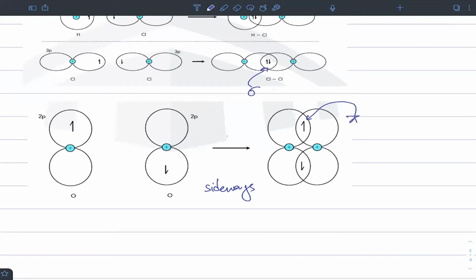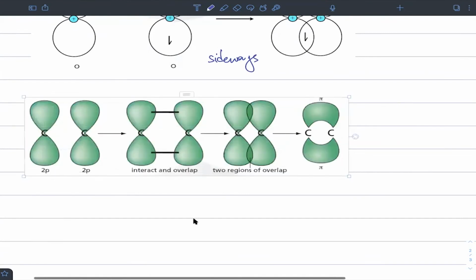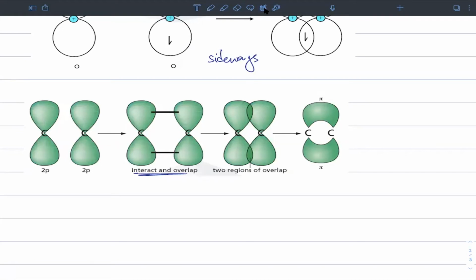So basically, here's how it happens. So if I were to take the example of carbon from your book, then this is the diagram from your book. So it says that you have two carbons, both of them in P and P, and the carbons come together and they are overlapping over here. And now you can see that they are making what you call overlap like this.